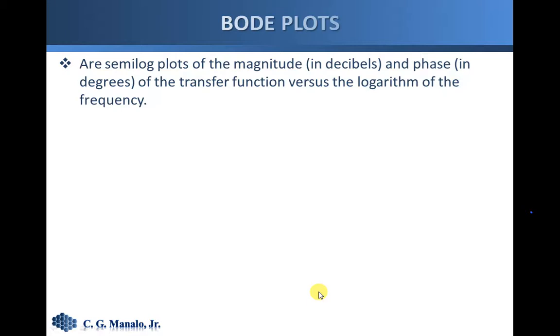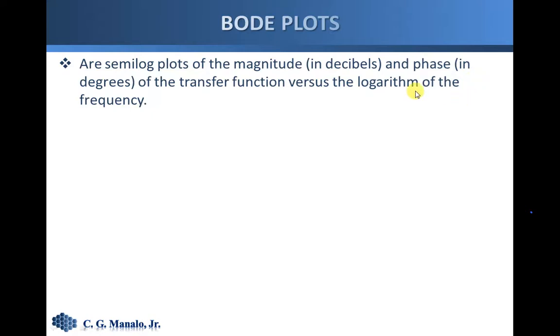So how do we go about the changes in how we plot the transfer function? We call this plot the Bode plot, and this is how it goes. We plot the magnitude of the transfer function in a semi-log graph, both the magnitude and the phase actually.